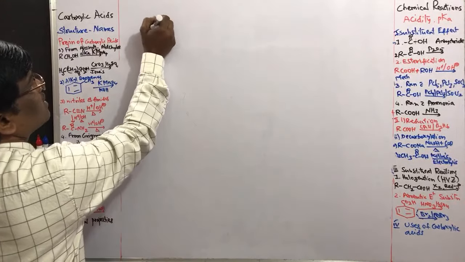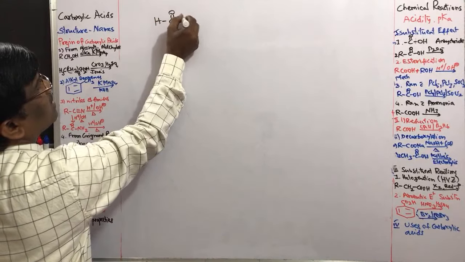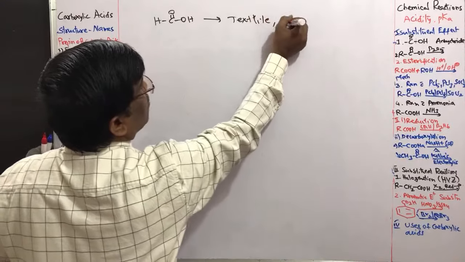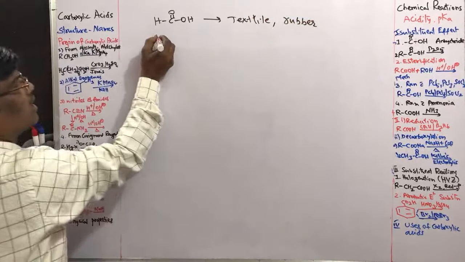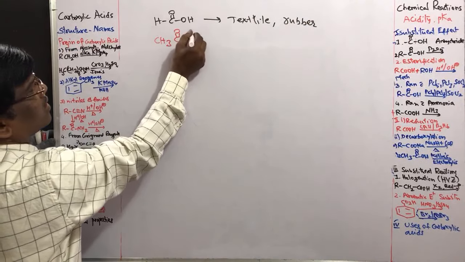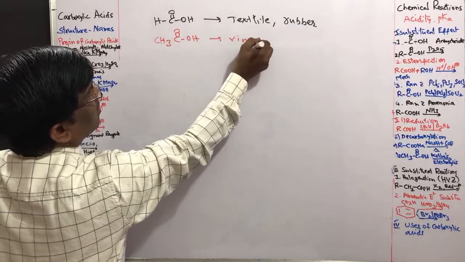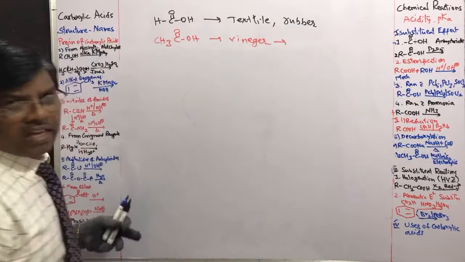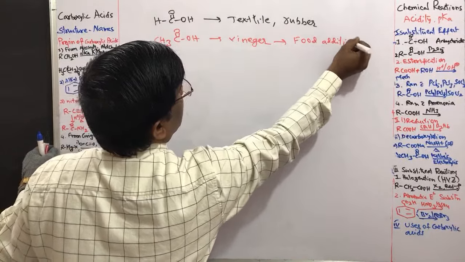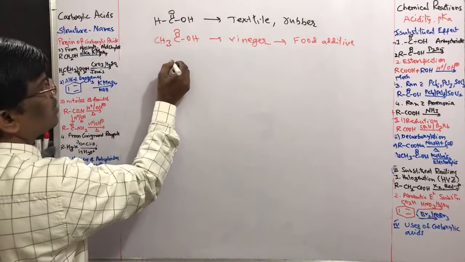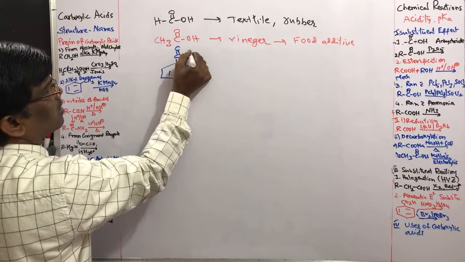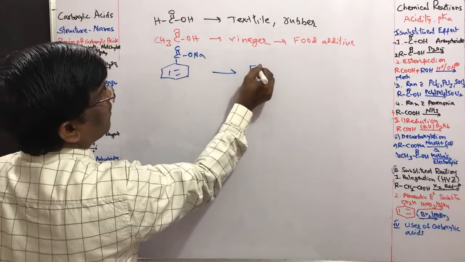Some of the carboxylic acids, if I take formic acid, it is used in the textile industry, right? Rubber industry or polymer industry. And the important thing is acetic acid. This is vinegar. What is vinegar? Food additive. Yes? Food additive. And important thing is, if I use sodium benzoate, which I prepare using salt formation, it is a food preservative.